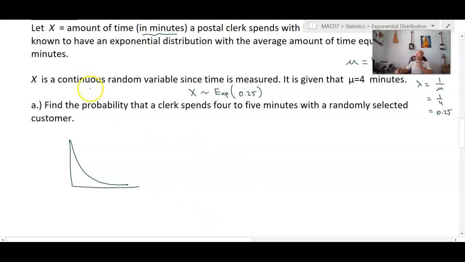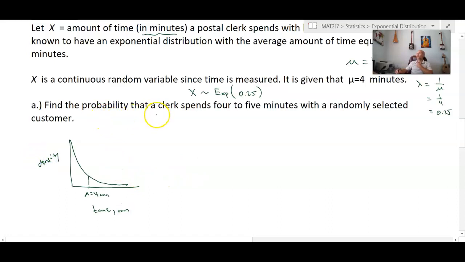And so we can see here that mu is equal to 4 minutes. That's the average amount of time. So I don't know precisely where that will be, but our average is let's say there. Mu is equal to 4 minutes. And this is the time in minutes, and this is our density function.